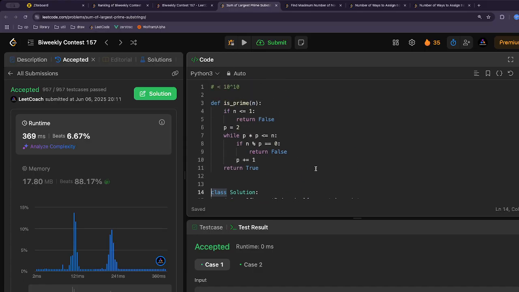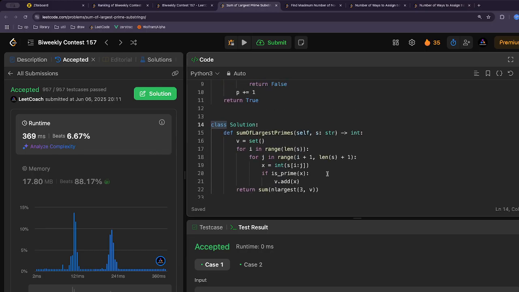But anyway, there are a few tricks that we can use. First of all, one small detail here: notice that this part is doing a slice, so it's making a copy of the substring and then parsing it as an integer.